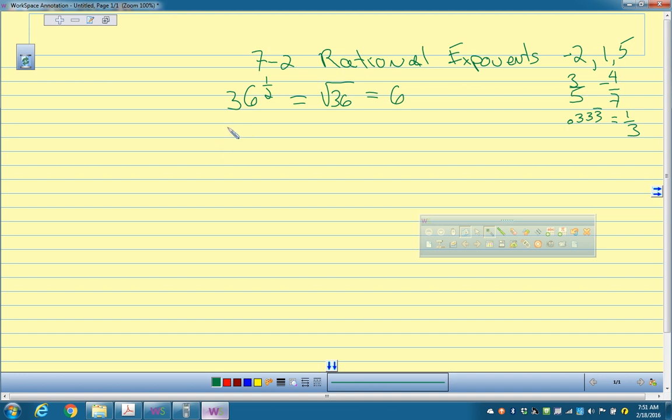And 27 to the 1/3 power is the same as the cube root of 27, which you guys very wisely figured out is 3. Let me see, am I getting ahead of myself?